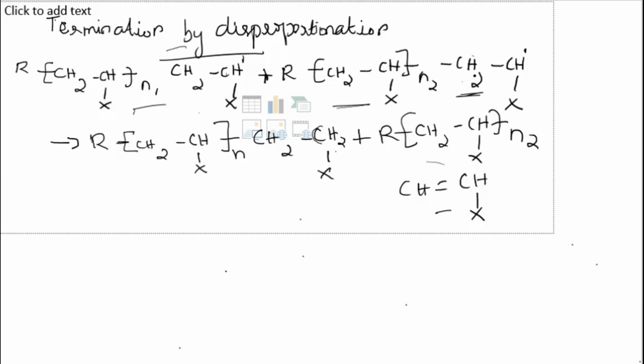So by abstracting hydrogen from here, it becomes CH2X, and at last it forms a double bond here. Thereby it gets stabilized and arrests the growth of the polymer chain. This is termination by disproportionation.